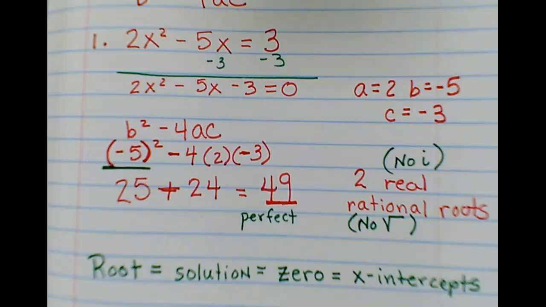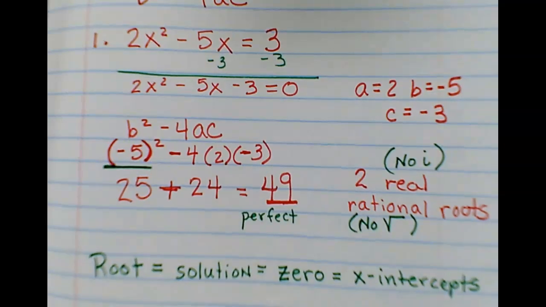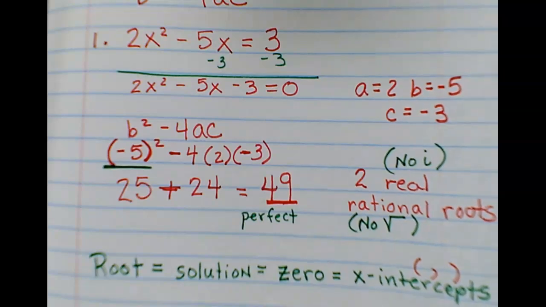Yes, I know it would be less confusing if we had one word and we didn't call it 4 different things when it's all the same thing. But they didn't make me in charge of the vocabulary. So a root's the same thing as a solution, is the same thing as a 0, and the same thing as the x-intercept. The only difference is that when we have an x-intercept, we will write it in the form of a point.